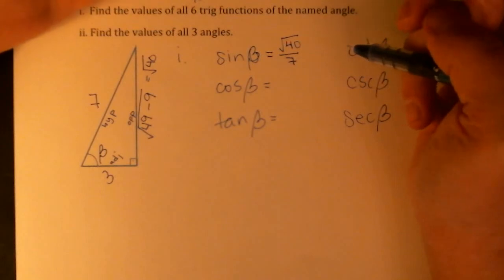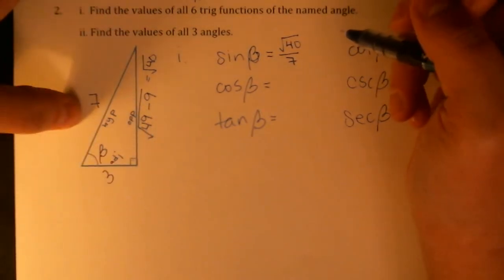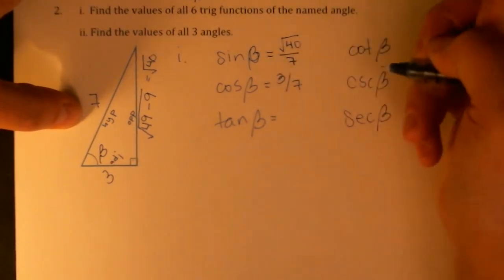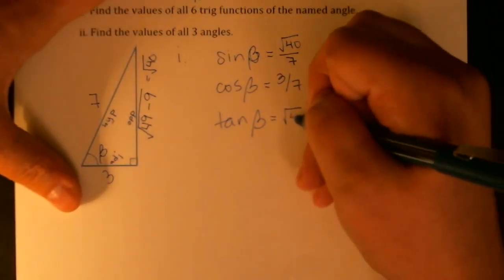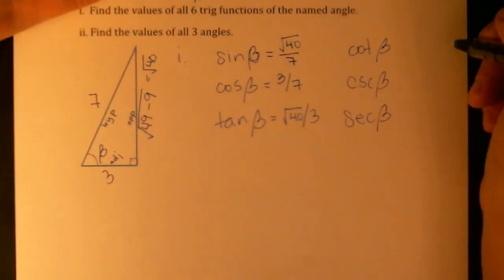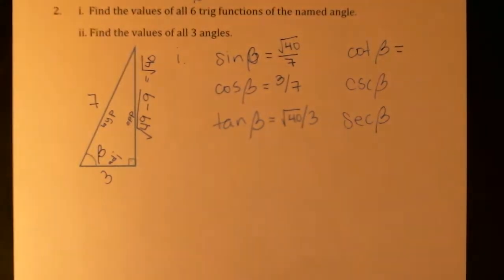Cosine of beta is going to be adjacent over hypotenuse, so 3/7. That works out rather nicely. And then tangent is opposite over adjacent, so root 40 over 3. Okay, the others, I just use the quotient or reciprocal identities, generally reciprocal.